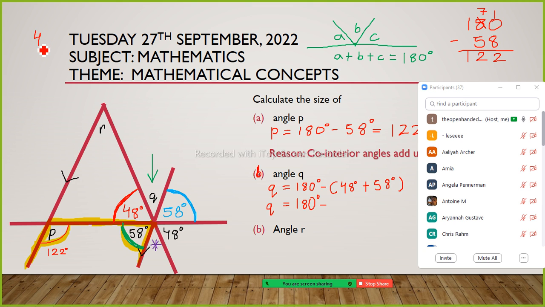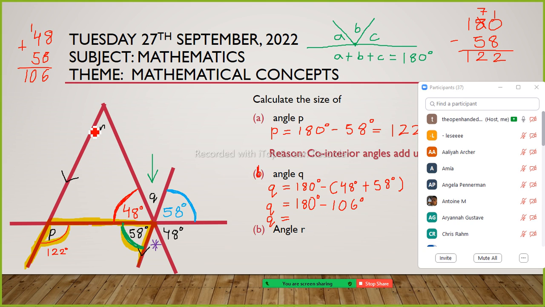So 48 and 58. If we add them together, 8 plus 8 is 16. And 5 plus 5 is 10, so we have 106. Right, Q is going to be equal to 180 minus 106.